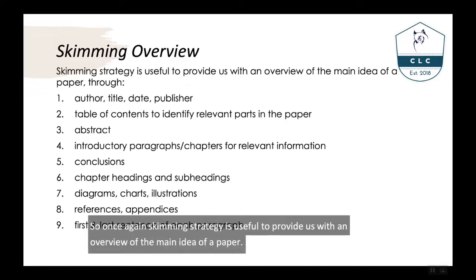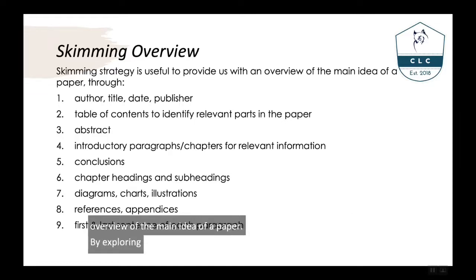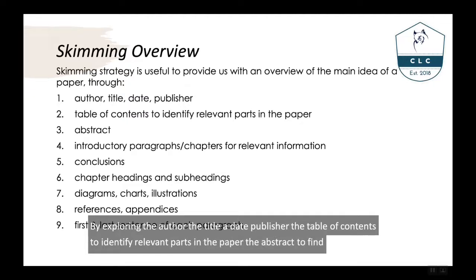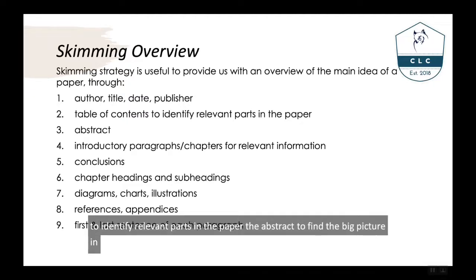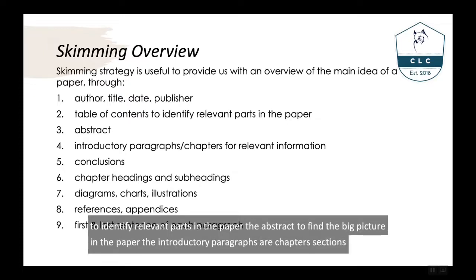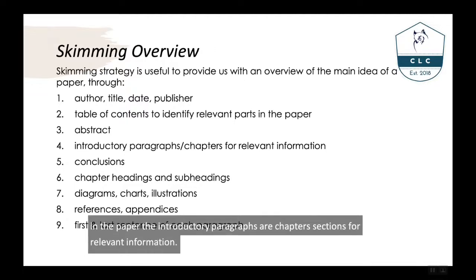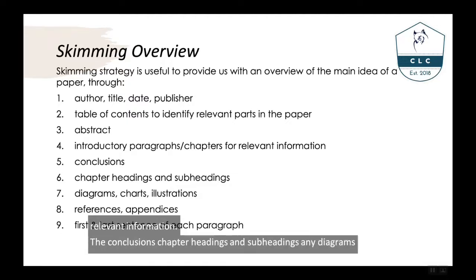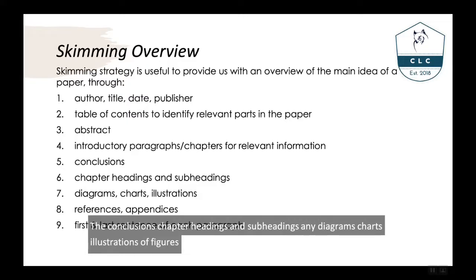by exploring the author, the title, the date, the publisher, and then the table of contents to identify relevant parts in the paper, the abstract to find the big picture in the paper, the introductory paragraphs or chapters, sections for relevant information, the conclusions, chapter headings and subheadings, any diagrams, charts, illustrations, figures that we find in a source.